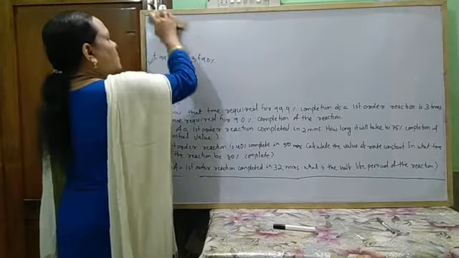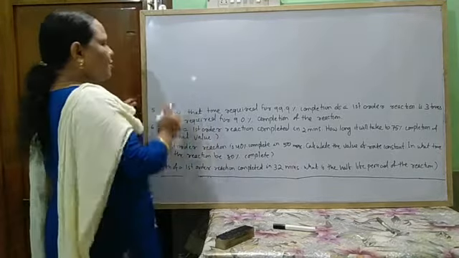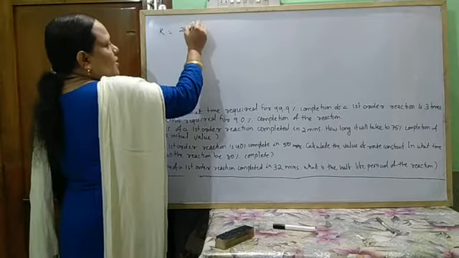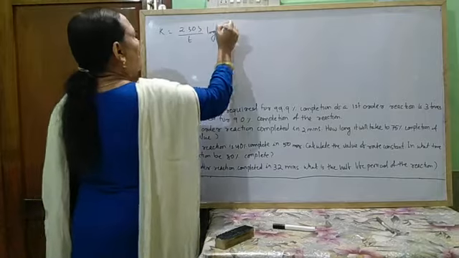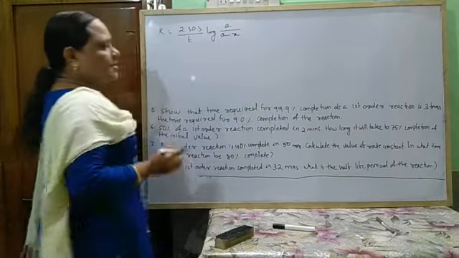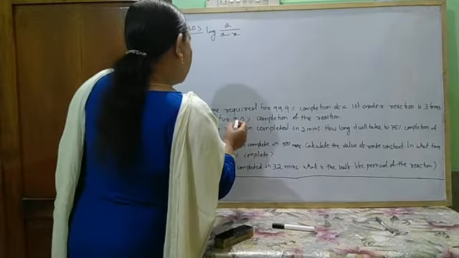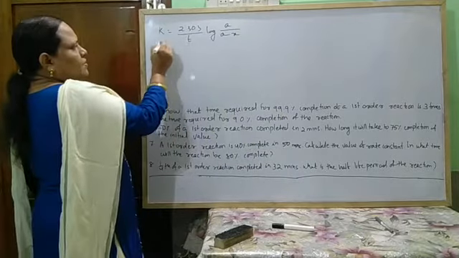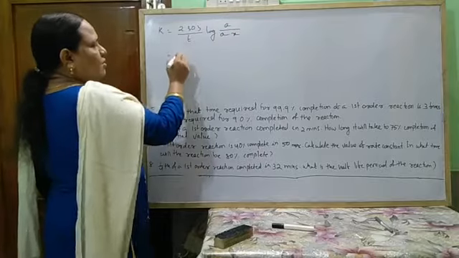Look here. We know for a first order reaction, K equals 2.303 by t log A by A minus x. So when this is 99%, suppose 99%, at that time what is the value of K?